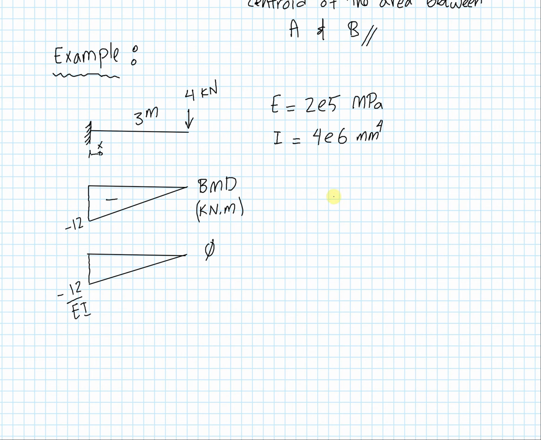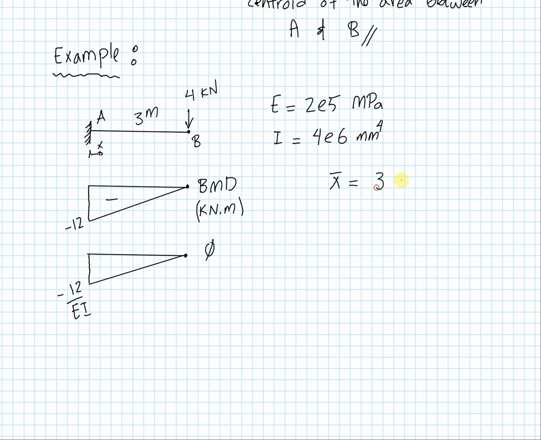The first thing I want to do is to find out what X bar is. X bar is the centroid between points B and A, which reminds me, I have to state what A and B are. That's B. That's what we're interested in. With this example, we're interested in the deflection at point B. So we're going to state what the centroid is.